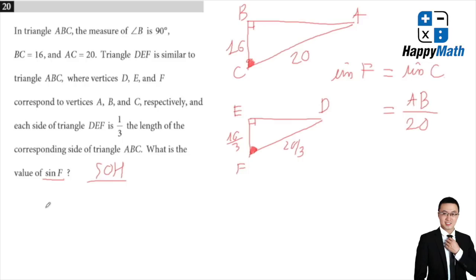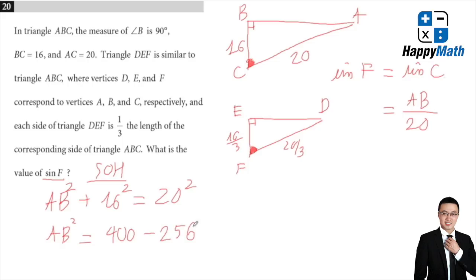So follow the Pythagorean theorem. You got AB squared plus 16 squared equal to 20 squared. So AB squared equals 400 minus 16 squared, equal to 400 minus 256.